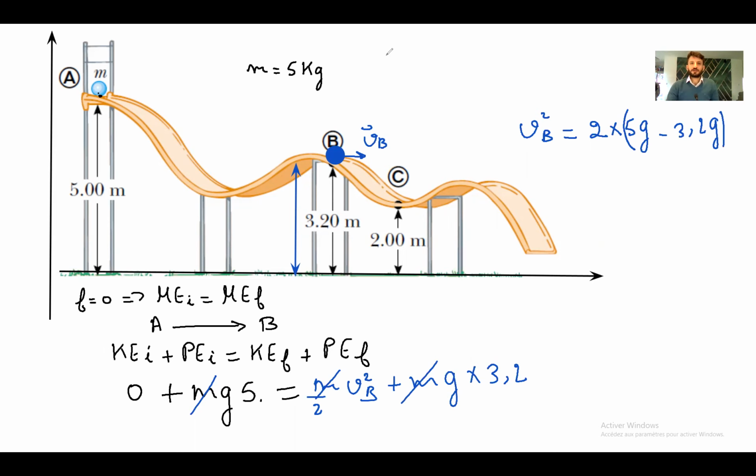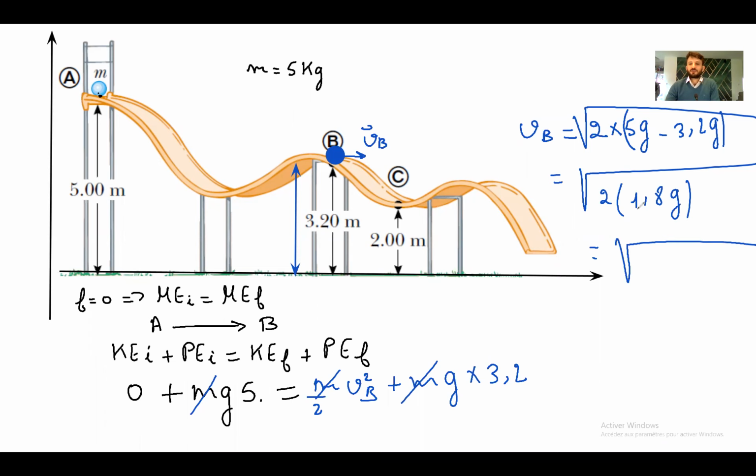Here we can calculate a root like this. We get the root of 2 times, and inside we have 5g minus 3.2g, which is 1.8g. Equals the root of 2 times 3.6 times 10, so 6 m per second.